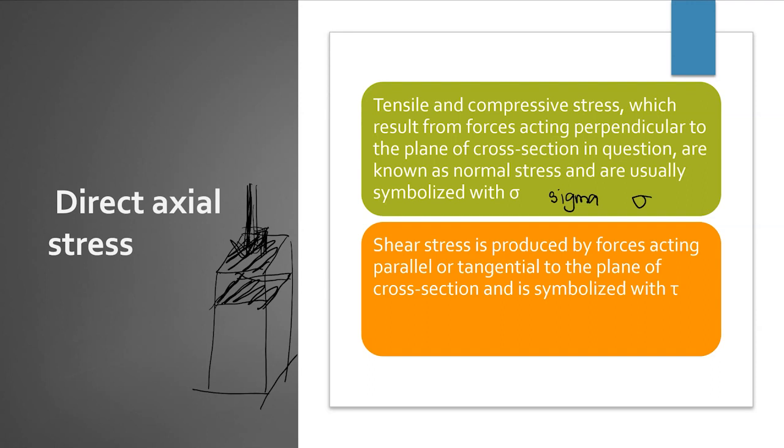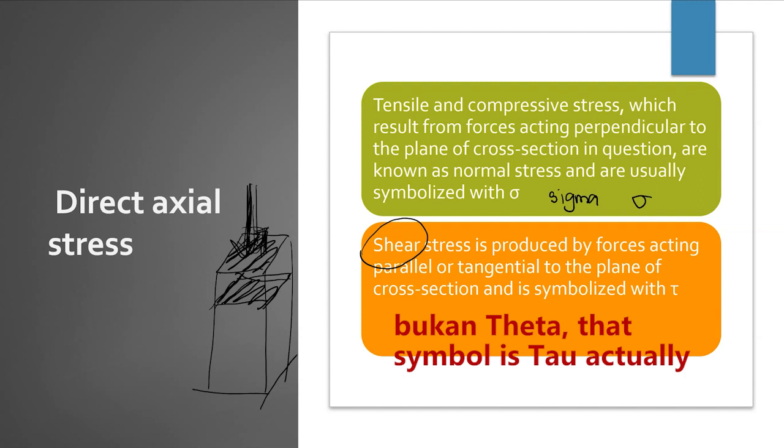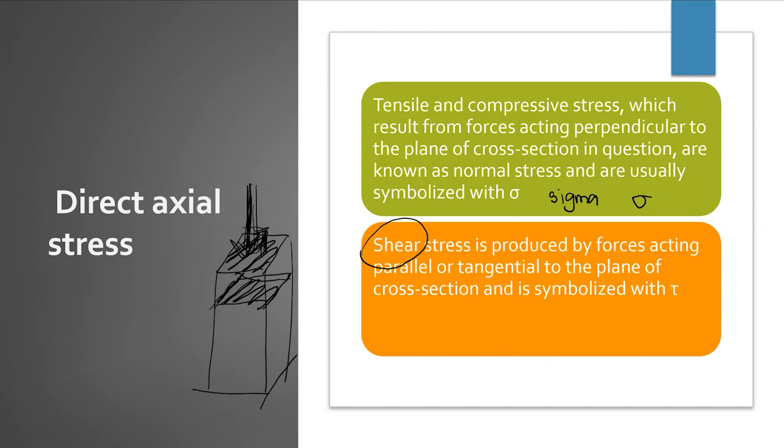However, shear stress is produced by forces acting parallel or tangential to the plane of the cross-section and is symbolized with theta. So the symbol is like this. This is called shear stress. I believe that in part 1 you already know what shear is. Shear is a force, for example, if this column is subjected to lateral forces, like wind, mostly lateral forces.